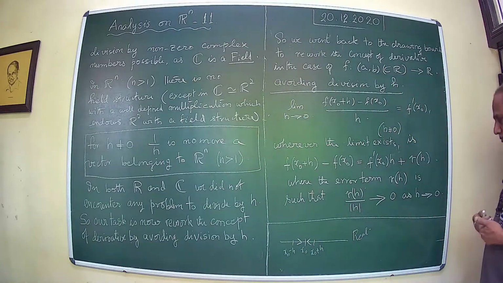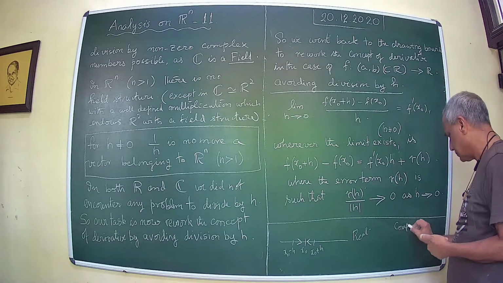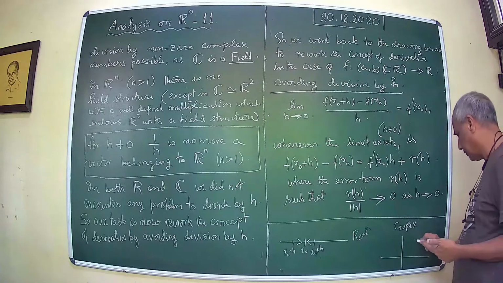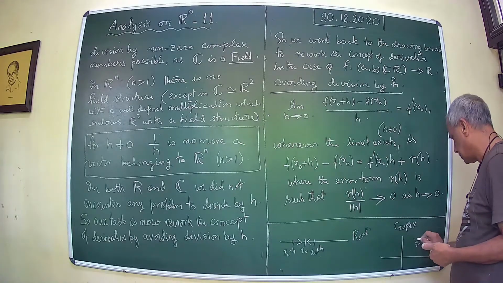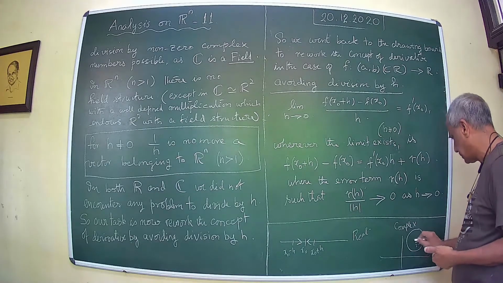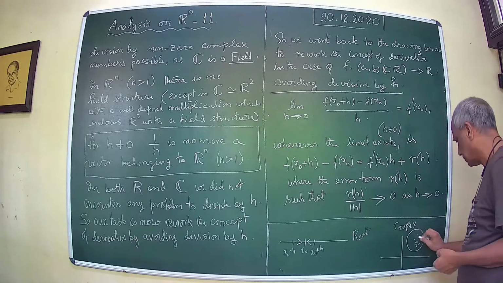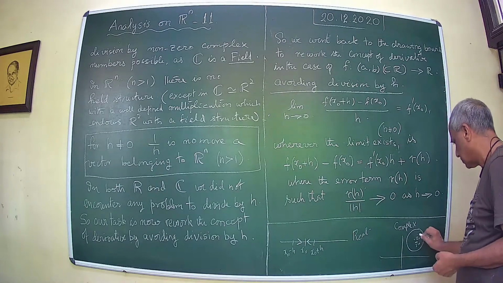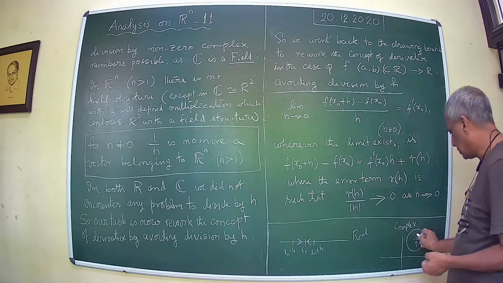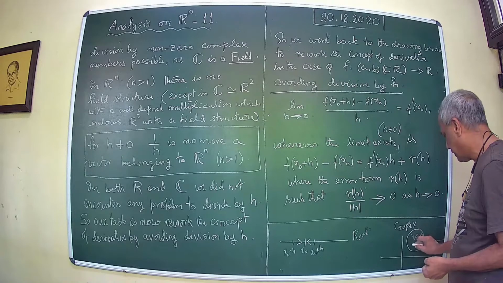Whereas when you go to the complex case, you have the complex plane, you have the point z0. When you are talking about z0 plus h, you are taking a neighborhood of z0 and then allowing h to go to 0. In fact, h can go to 0 in very many ways.